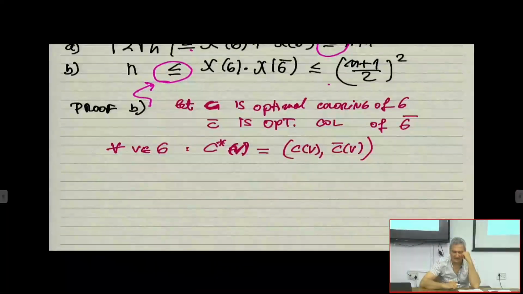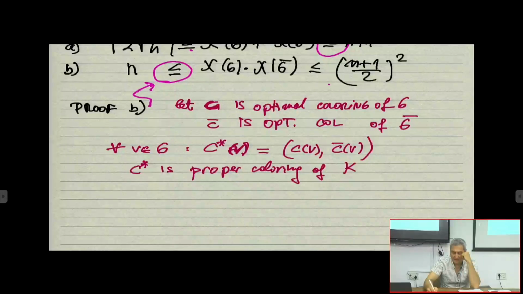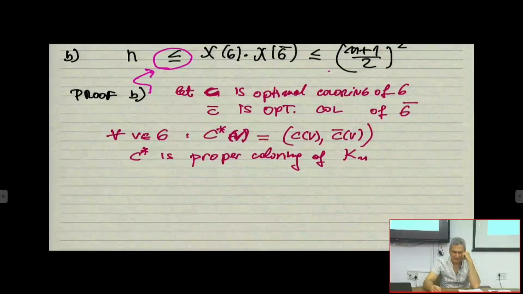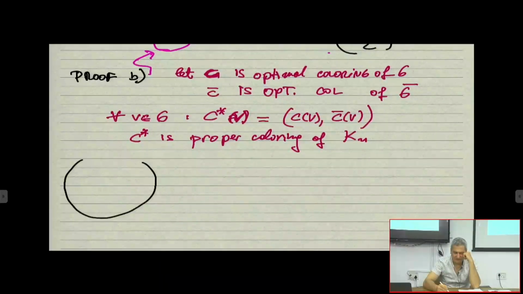Okay. Then it is easy to see that, do we agree, C star is a proper coloring of Kn? Yes, because here's our graph, and we have, let's say, two vertices.